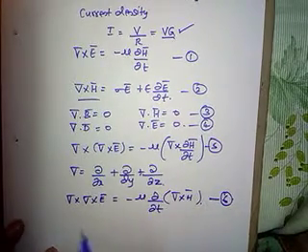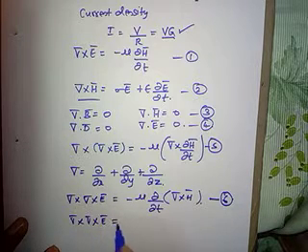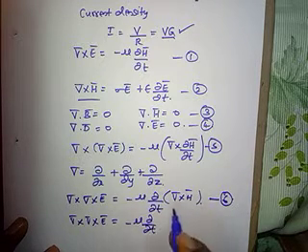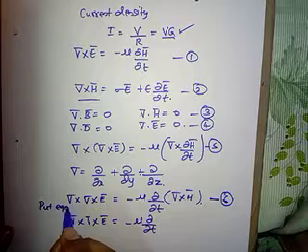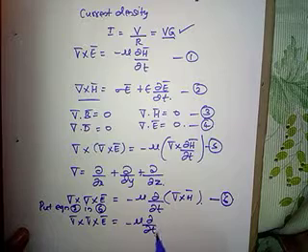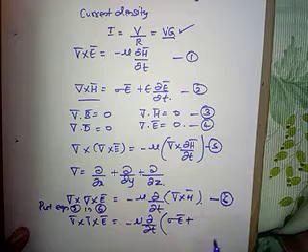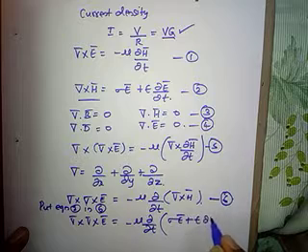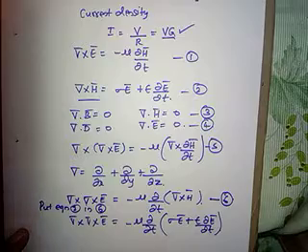Del cross del cross E bar is equal to minus mu dou by dou t of del cross H bar, and del cross H bar is sigma E bar plus epsilon dou E bar by dou t.